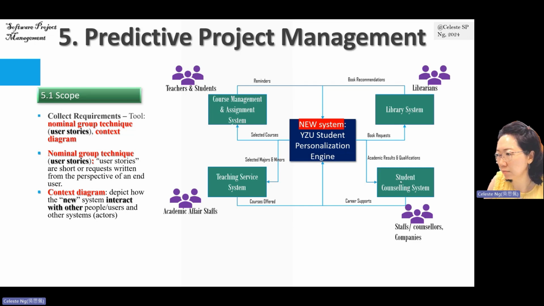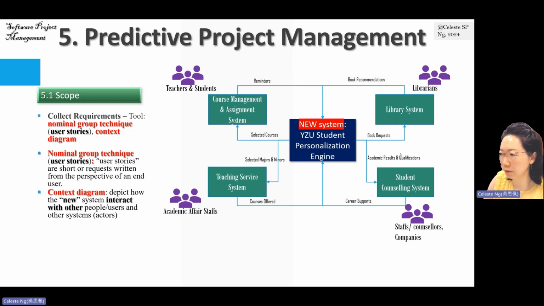Basically, this student counseling system has existing users, regardless of internal or external. Staff in the university are called internal users. A counselor could also be staff, and they are internal users. Then there are companies from outside.